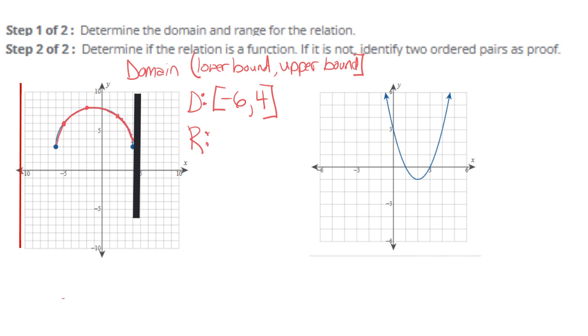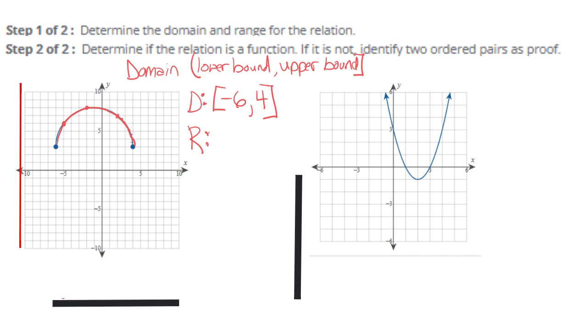The range, let me get this out of the way. I need another line here. I'm going to put in a horizontal line. So we take this, and we're looking at what the smallest y value is.